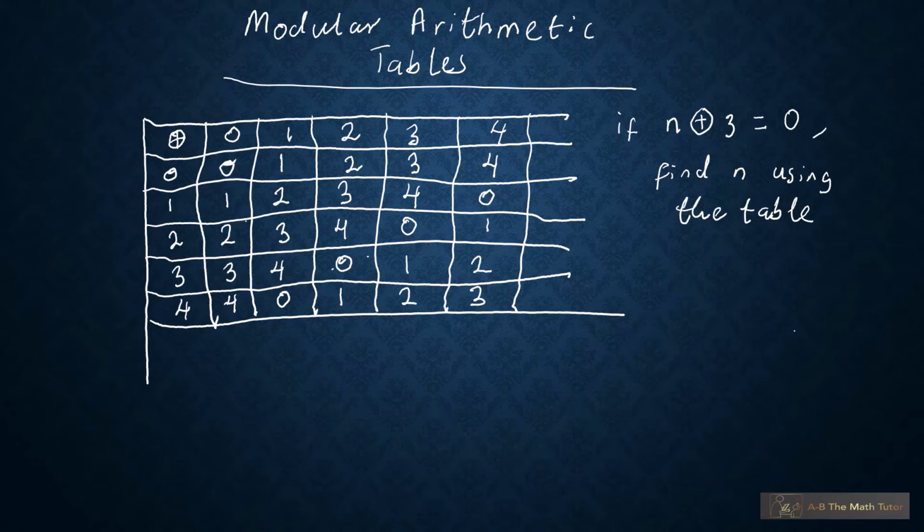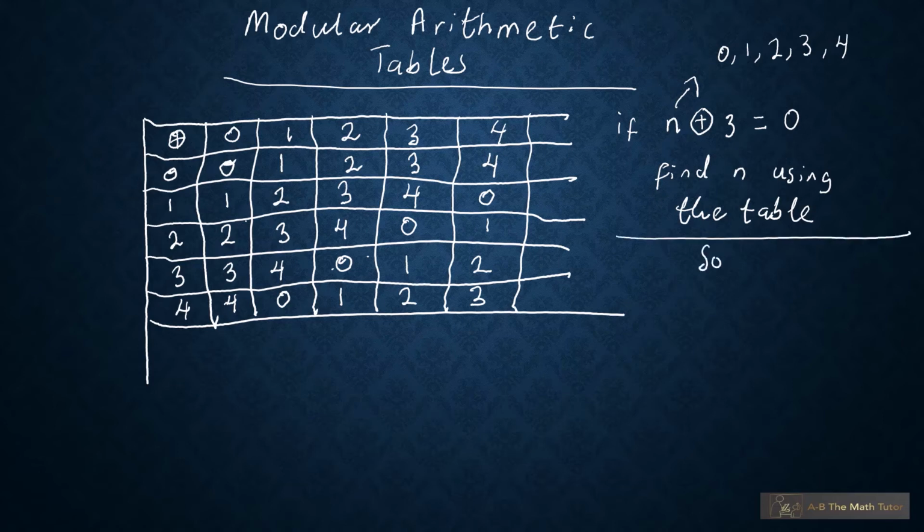So the first thing you have to do is to replace n with all the possible numbers on the table and find out which one or which ones will give you 0. So you have to replace n with either 0, 1, 2, 3, or 4. And if any of these gives a final answer of 0, then that is the value of n.